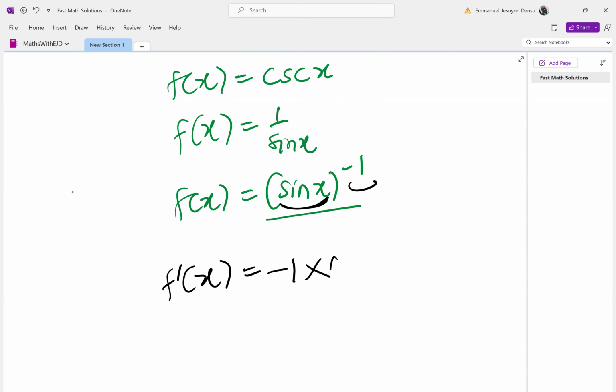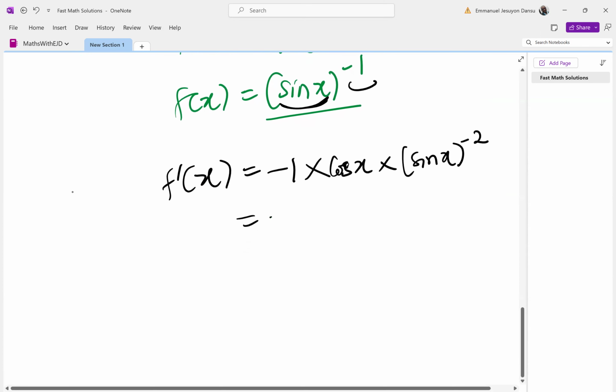That's differentiate sine x, you get cos x. Then multiplied by what you had originally, sine x, but reduce the power by 1. That's minus 1 minus 1, that's minus 2. And then you get the same thing like before. So you have minus cos x all over sine squared x.